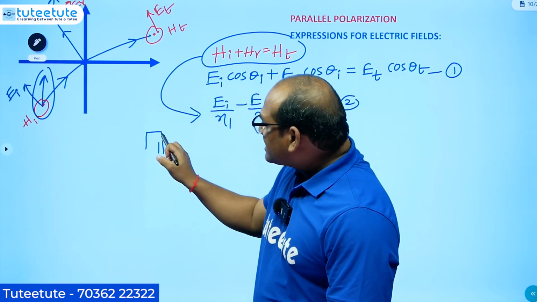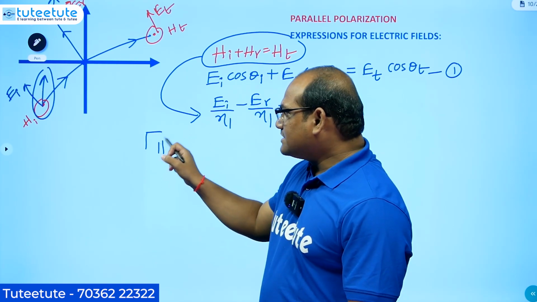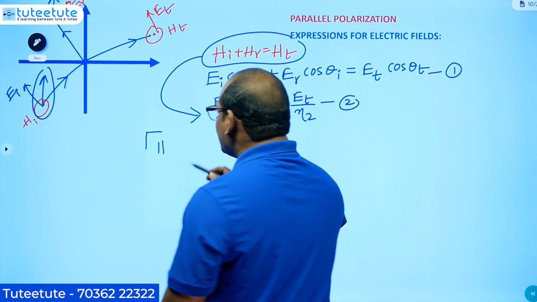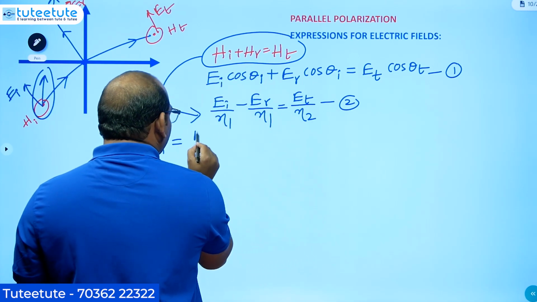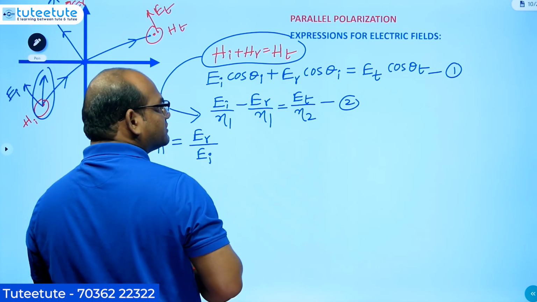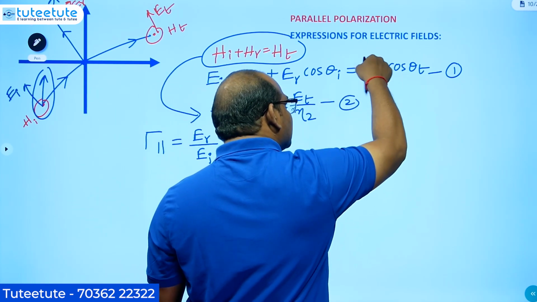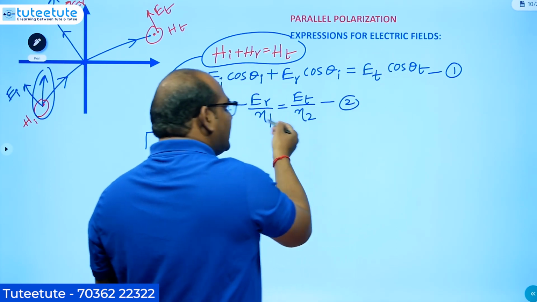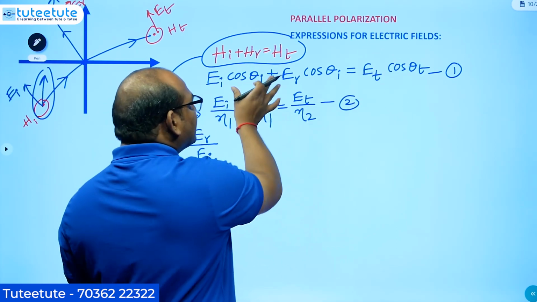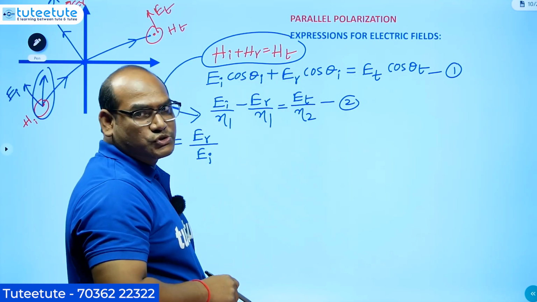Reflection coefficient means generally gamma, and we are working for the parallel polarization, so that this symbol was given. So it is equal to, what we need to do, reflected electric field by incident electric field. So in this particular expression, now we need to remove this ET by using equation 2, so that you will get the terms related to ER and EI, then we can get the ratio.